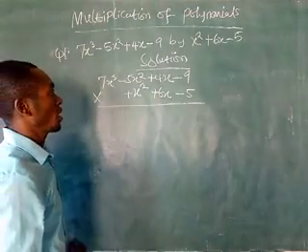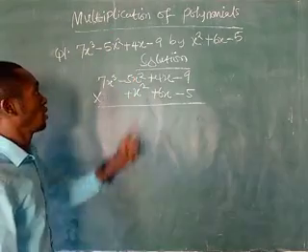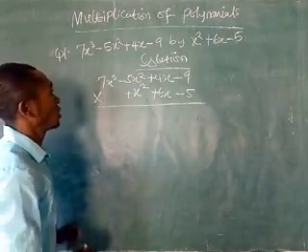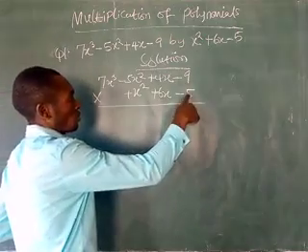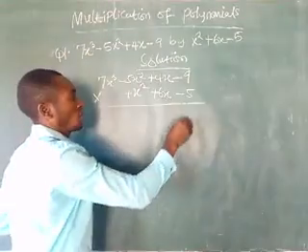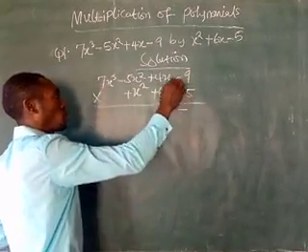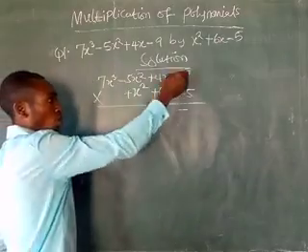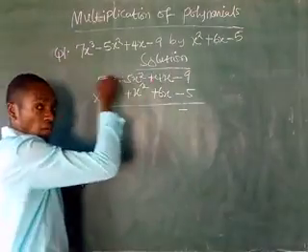I have a multiplication sign. We're asked to multiply, so this is multiplication of polynomials. We're using this minus 5 to multiply all the terms here.